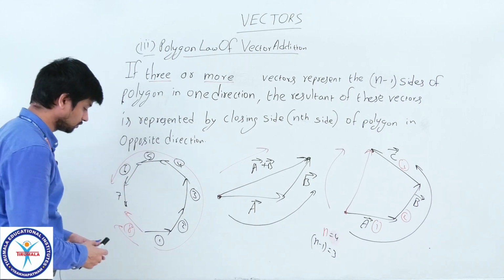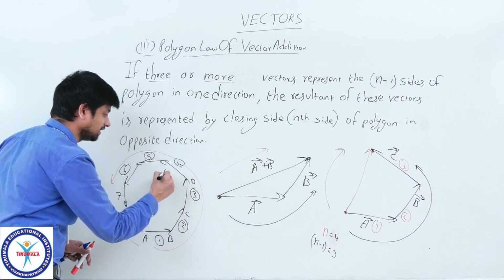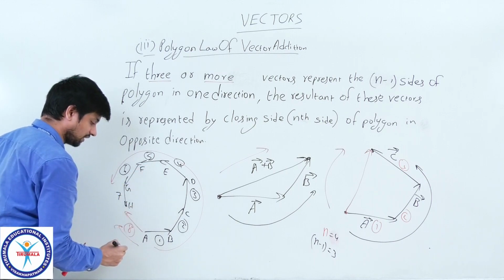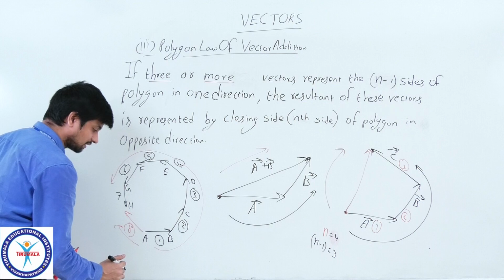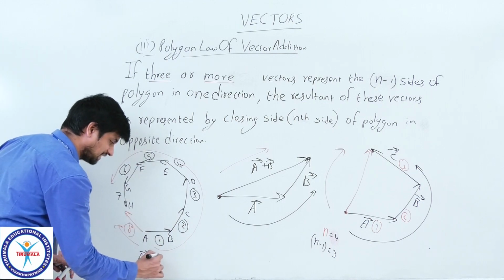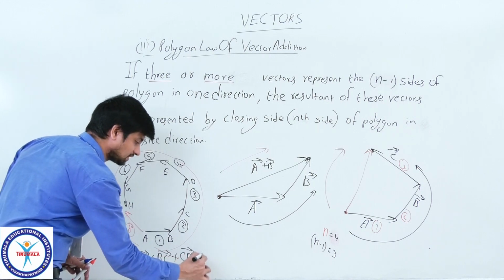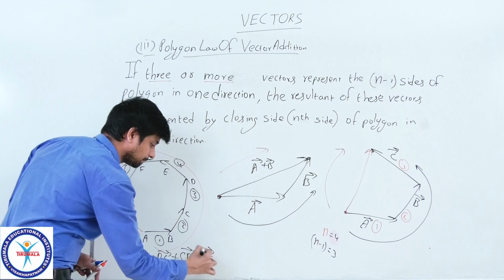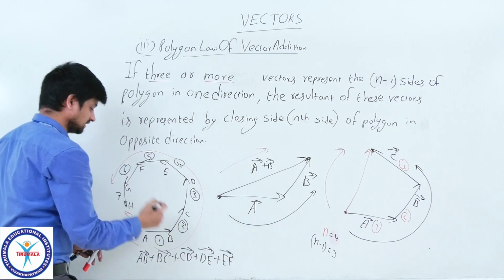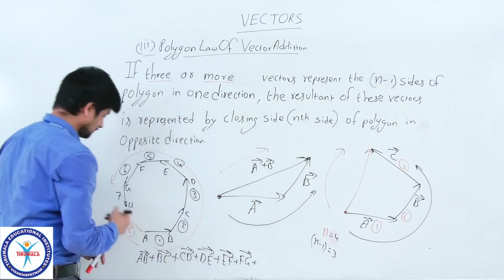So this gives you, if this is A, B, C, D, E, F, G, H. Okay. So the vector of this all resultant means AB plus BC plus CD plus DE plus EF plus FG plus GH.